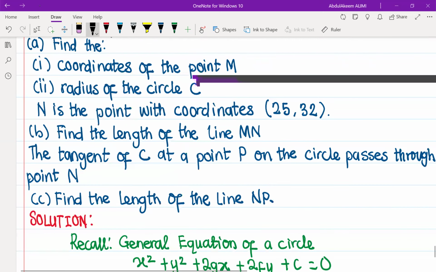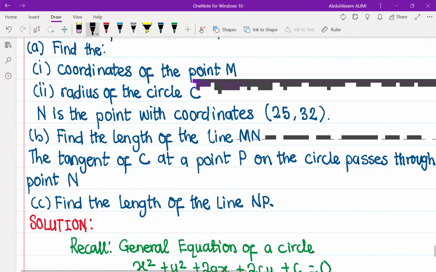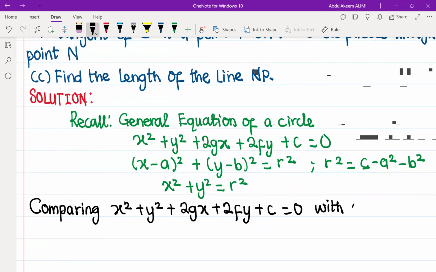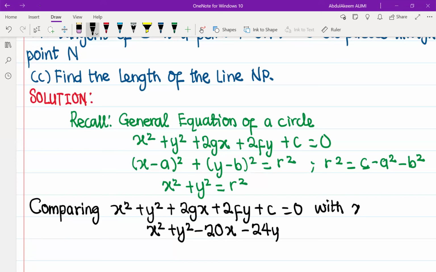What is the equation we have here? That's x squared plus y squared minus 20x minus 24y plus 195 equals 0.